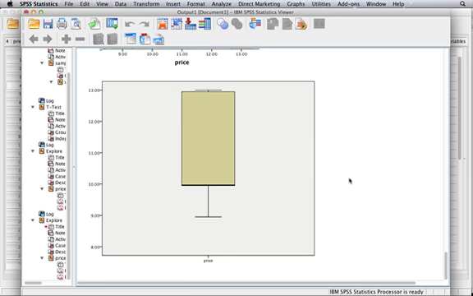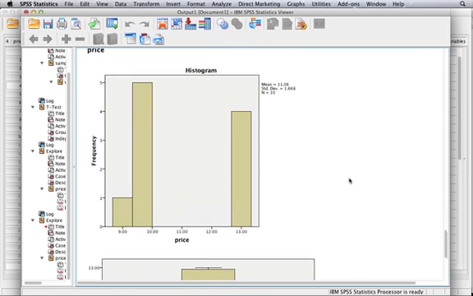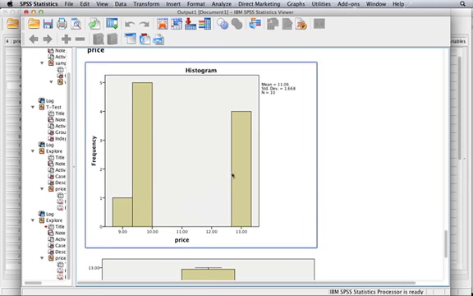I'm curious to see what the histogram looks like. And the histogram reveals that we almost have two segments. It looks like there's a segment of stores, so it's a bimodal distribution.